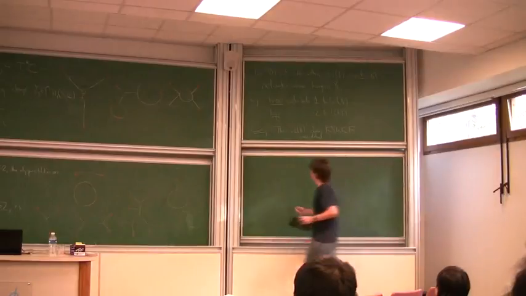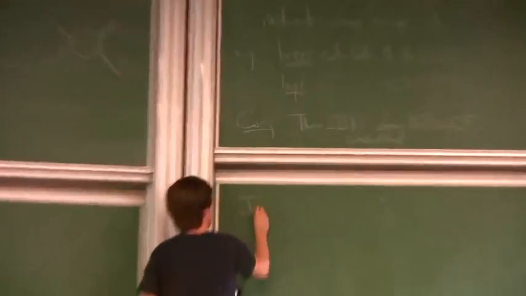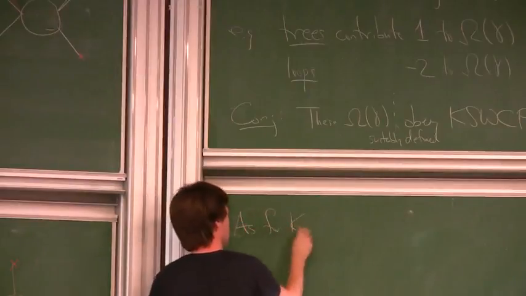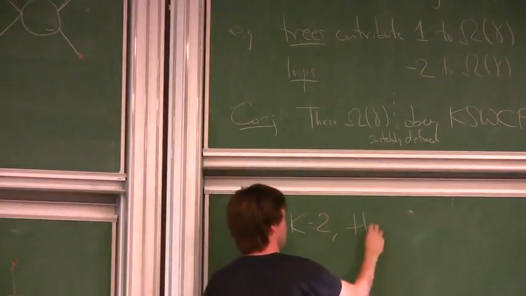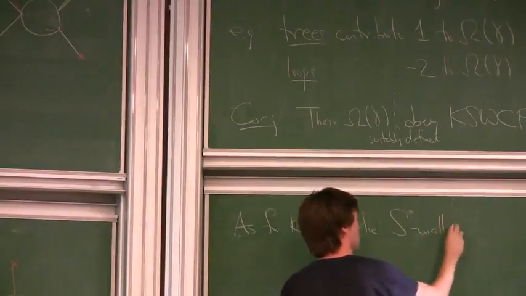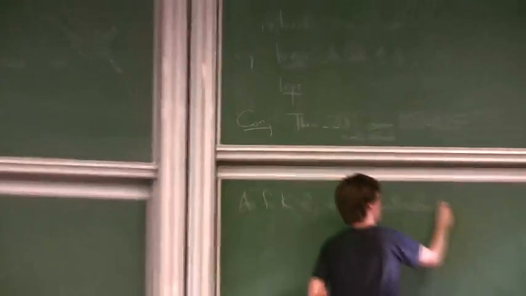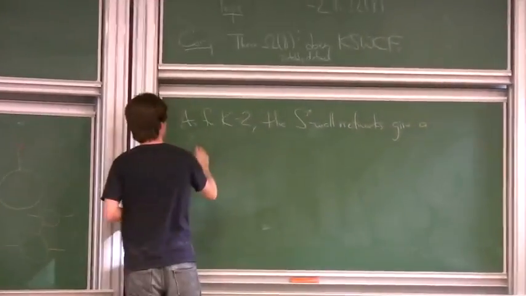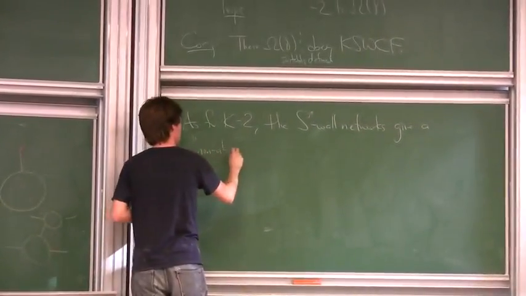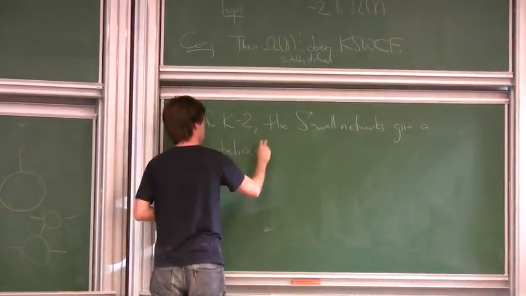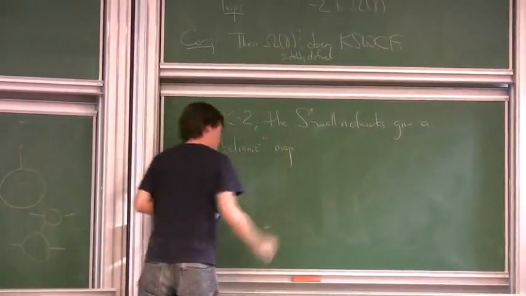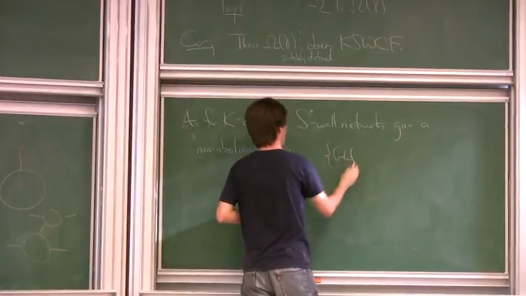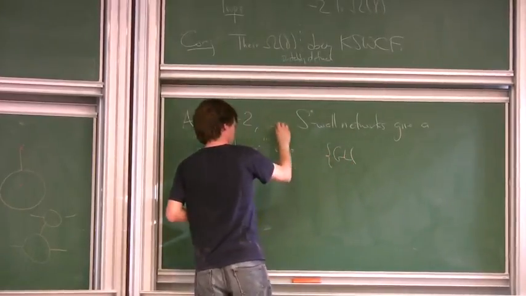So just as for k equals 2, the S-wall networks give a sort of non-abelianization map.